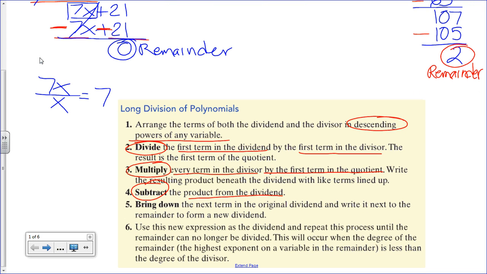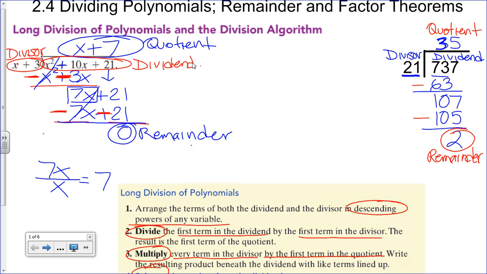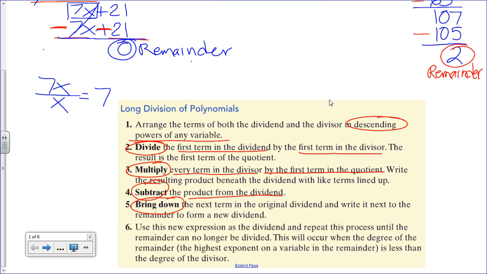Next thing is to bring down the next term. So that's what we were doing, like we did here in the case with the 21, when we brought this 21 down. So you bring down the next term, and then after that, you use that new expression as the dividend to repeat the process.